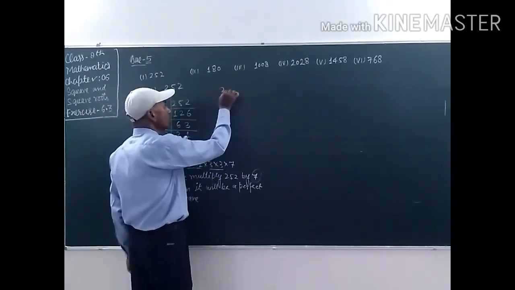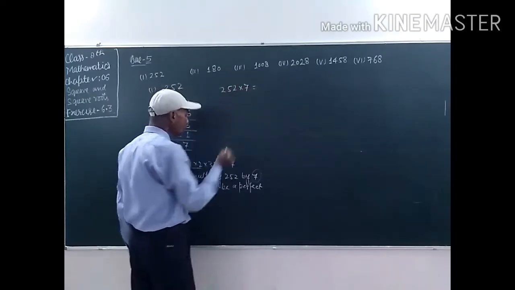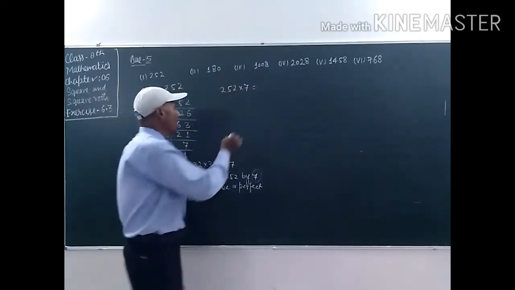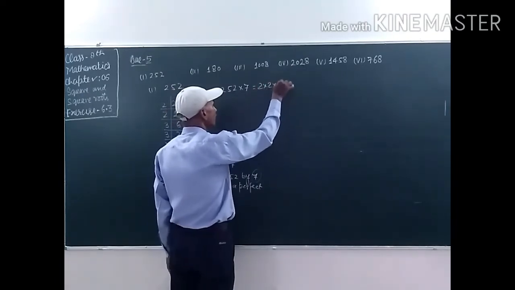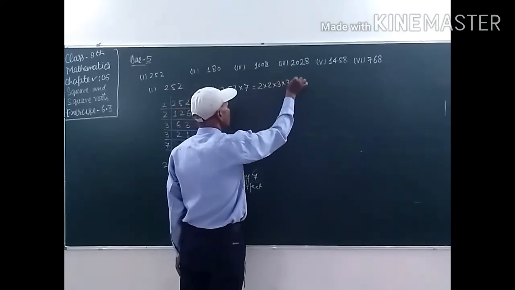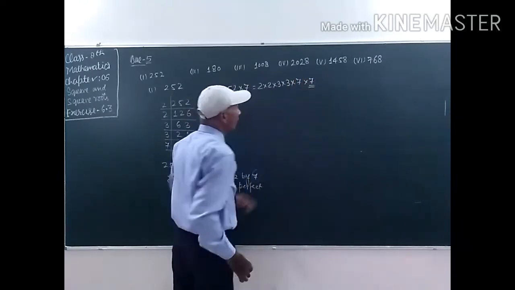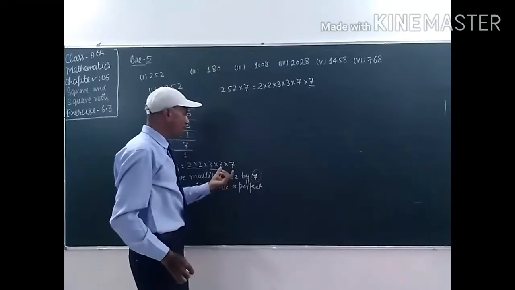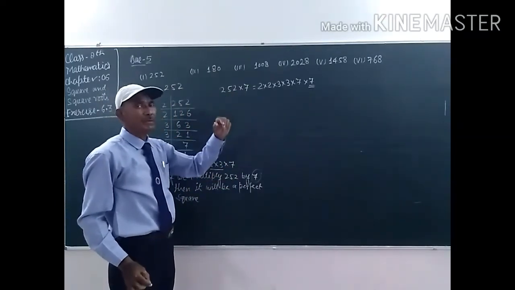So 252 into 7 is equal to factors, and the factors are 2 into 2 into 3 into 3 into 7 into 7, student. We have to multiply the factors by 7 also, because we have multiplied here by 7.